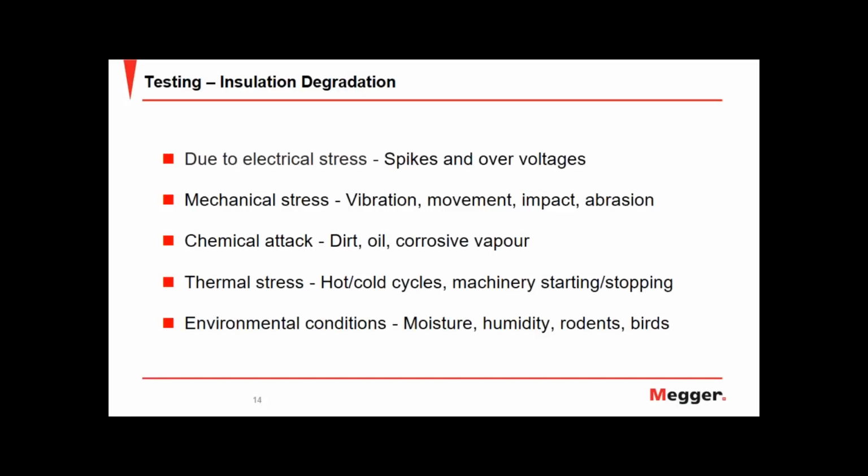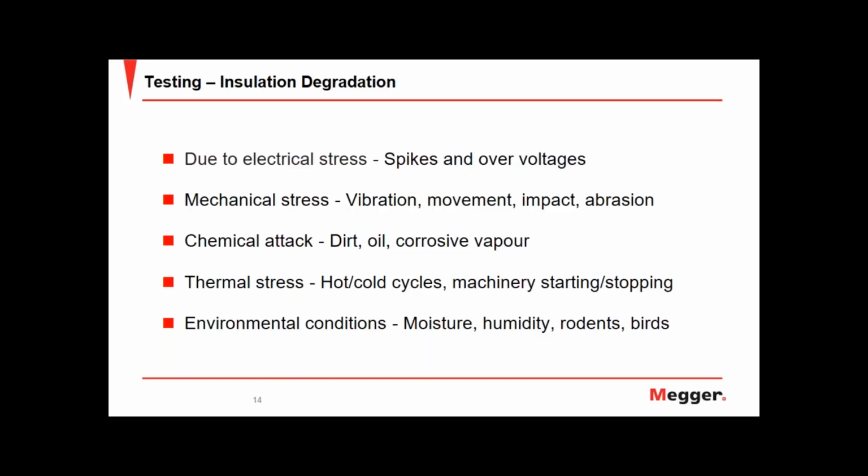So why does insulation degrade? Well, first of all, one of the major ones is electrical stress. You know, our assets are often exposed to spikes, overvoltage, transients, and the likes of that. So they're all subjected to things that they're not designed to operate on an ongoing basis. Okay, there's an operational voltage, but they are exposed to voltages much greater than that during their life cycle.